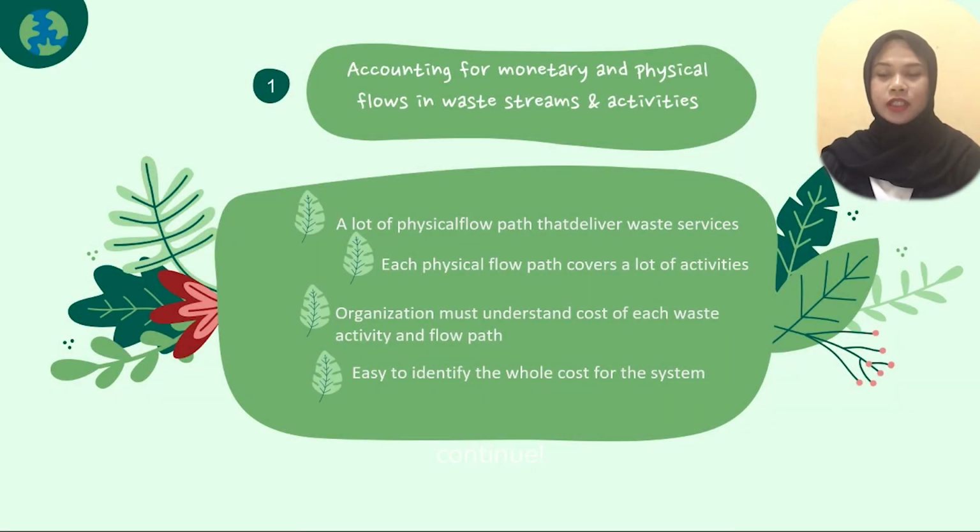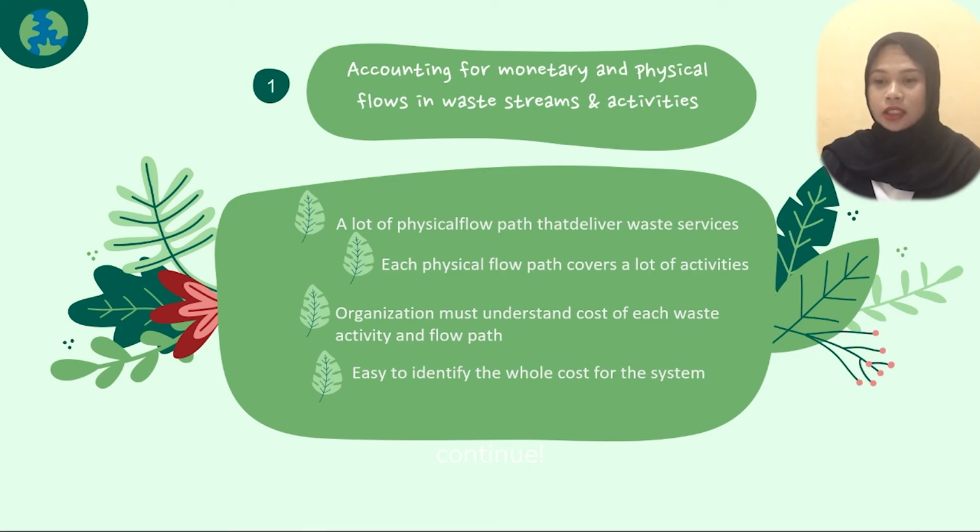The first feature of environmental accounting is accounting for monetary and physical flows in waste streams and activities. There are a lot of physical flow paths that deliver the waste services, and each physical flow path covers a lot of activities, showing a complicated process of basic activities through physical waste, and we cannot oversimplify the data.